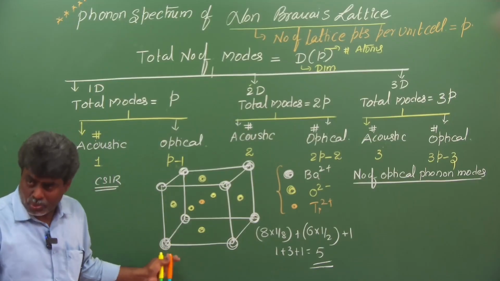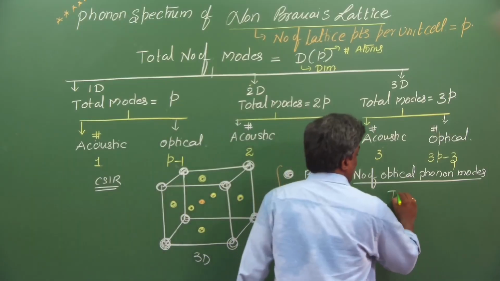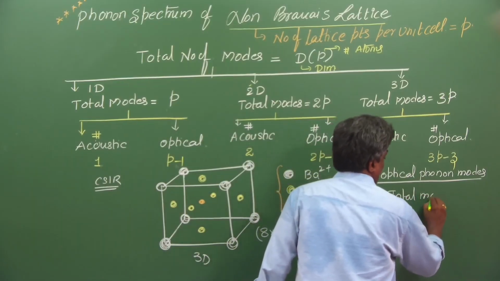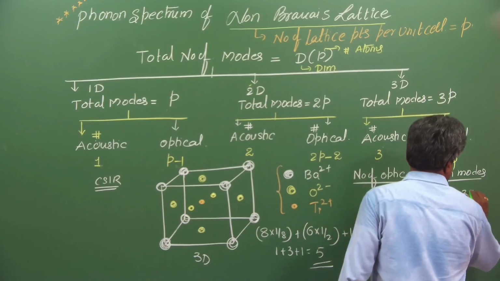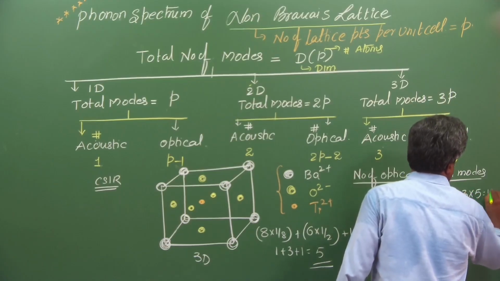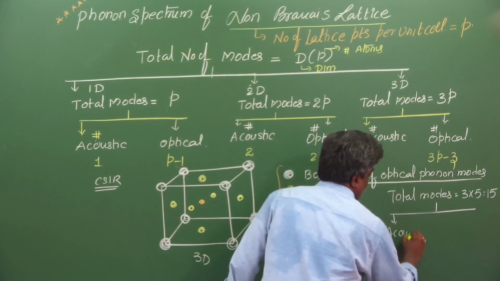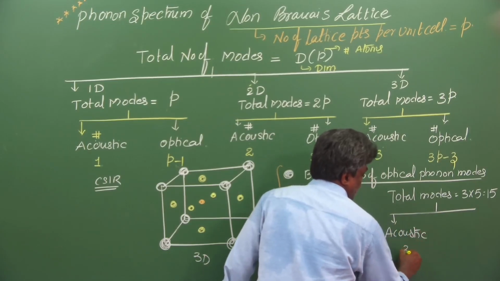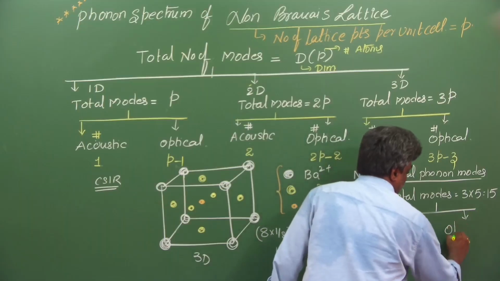Cube, 3 dimension. So the total modes equal 5 3s are 15. In this 15, I told you already, acoustic is always how much? Dimension. Then optical.